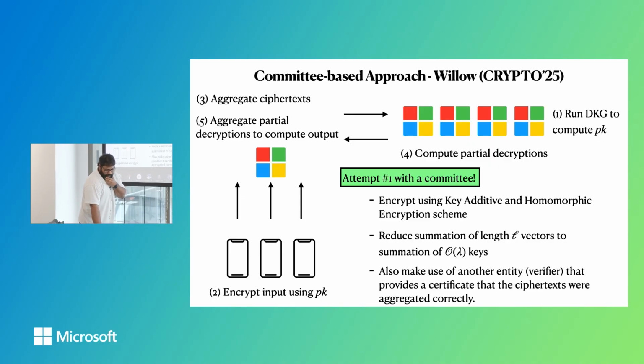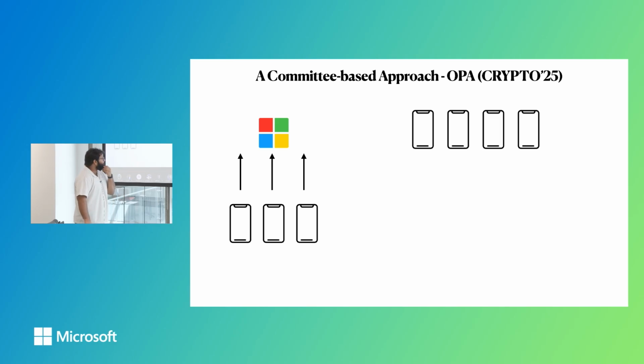Okay, so that was Willow. Now the other one is called OPA, I think one-shot private aggregation, which is also at Crypto this year. Here I put phones instead of the server. Why? Because in their protocol you don't need to do the DKG.